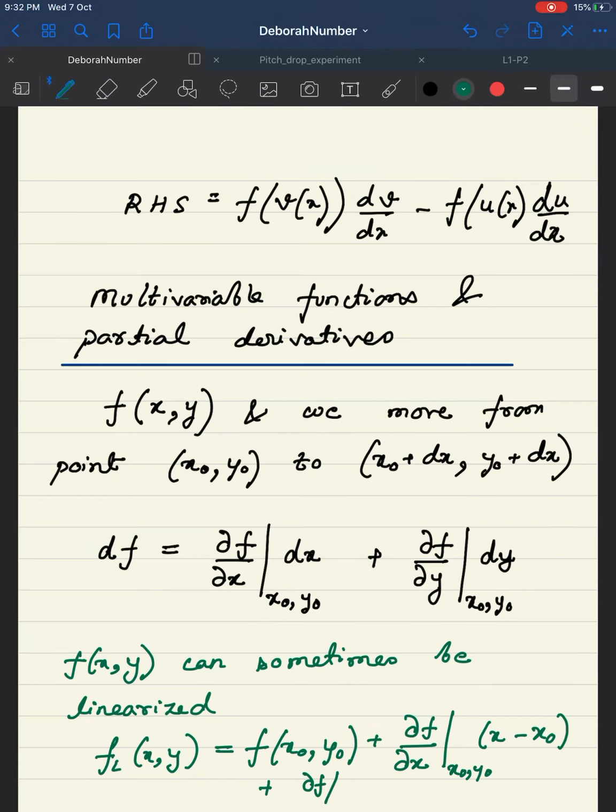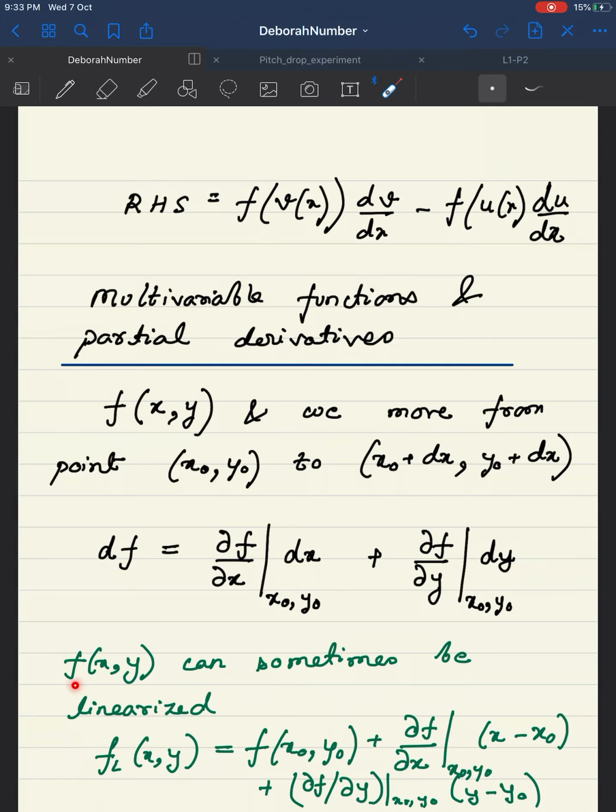Del f by del y evaluated again at x naught, y naught, multiplied by y minus y naught. So what I'm doing here is, this is the function, and let's say we are in a small neighborhood of x naught, y naught.